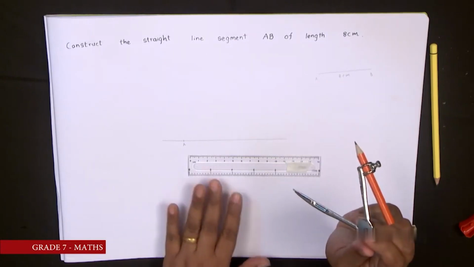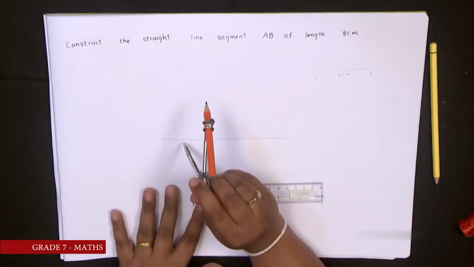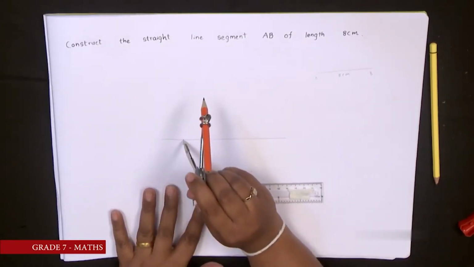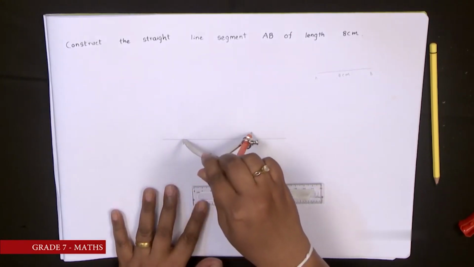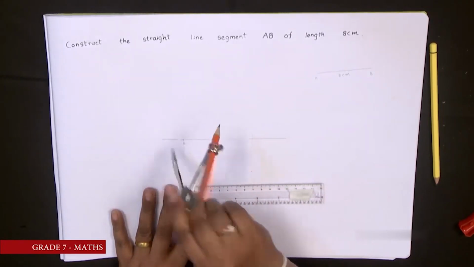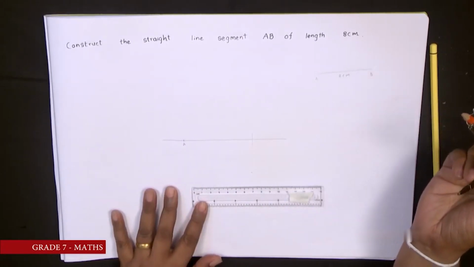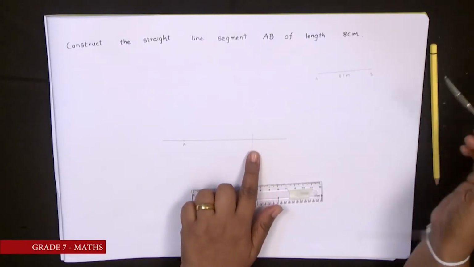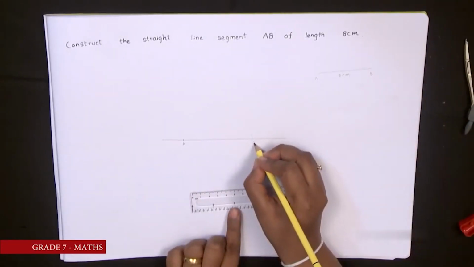Now we have to construct the straight line segment AB. Therefore, I am going to place the tip of my pair of compasses on A and draw an arc to intersect the straight line segment. There I have constructed a new point, that is my point B.